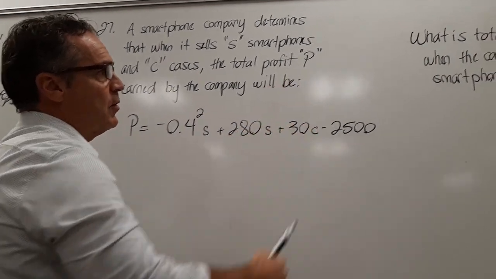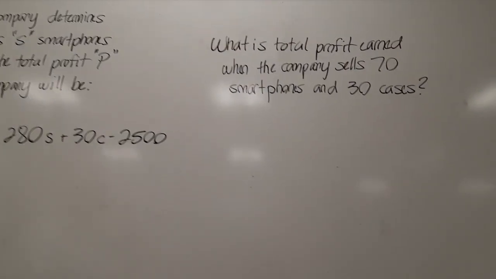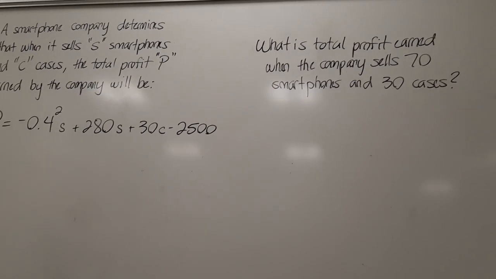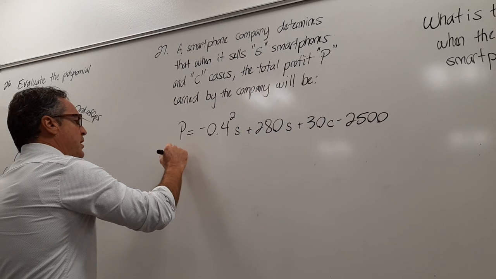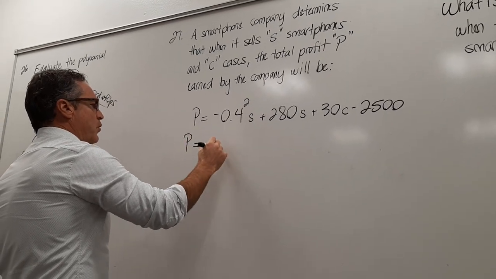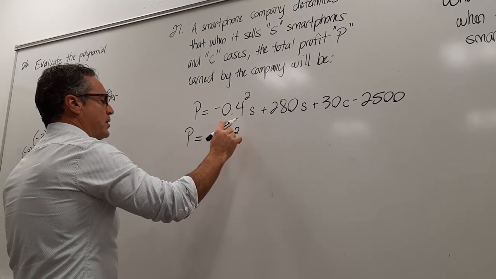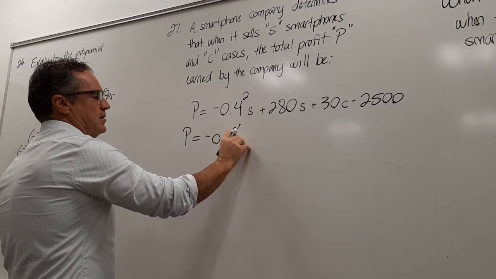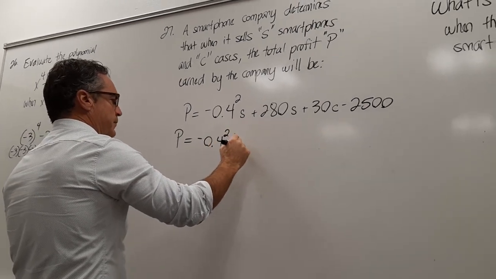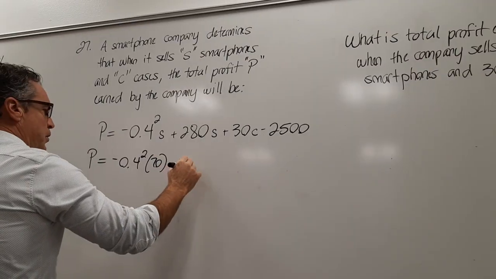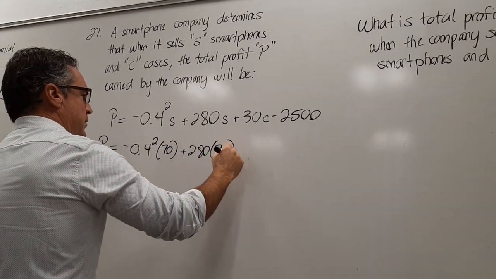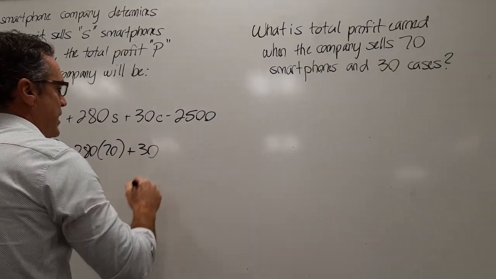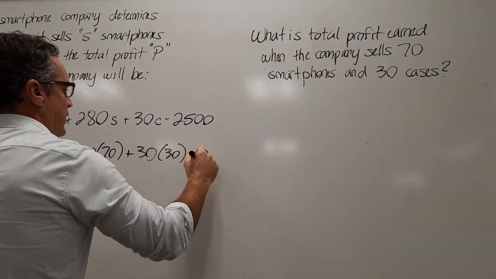The question here is, what is the total profit earned when the company sells 70 smartphones and 30 cases? So P is the total profit that we're looking for, negative 0.4 squared times S, and the smartphones in this instance is 70, plus 280 times 70, plus 30 times, well, 30 cases, 30 times 30, minus 2,500.